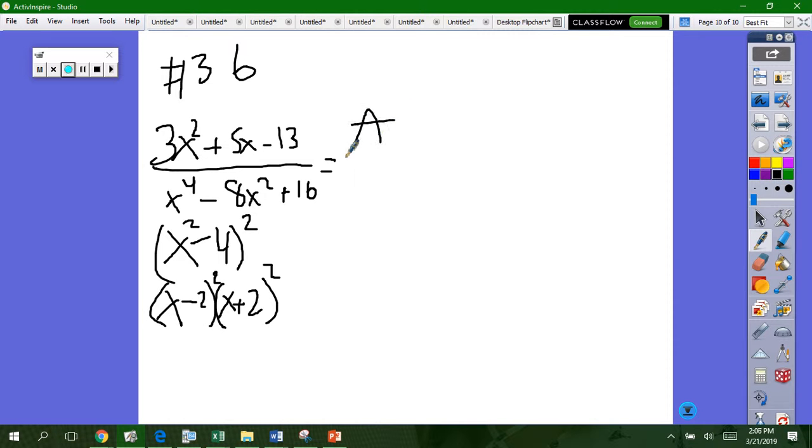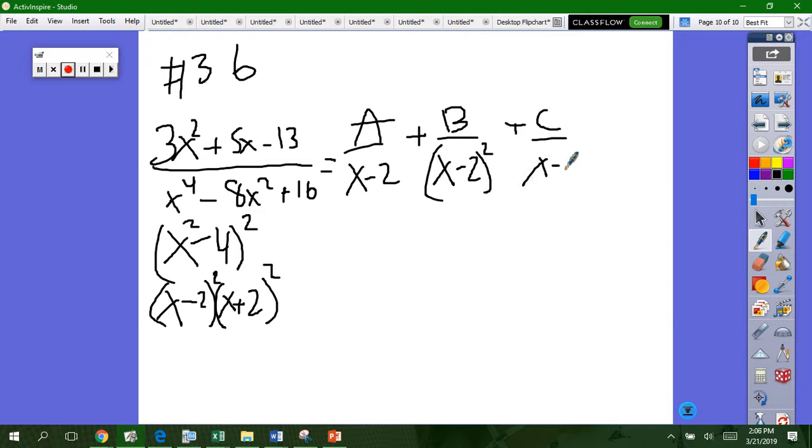I'd have a over x minus 2 plus b over x minus 2 squared plus c over x plus 2 plus d over x plus 2 squared. Does everybody see that? It's not as pretty.